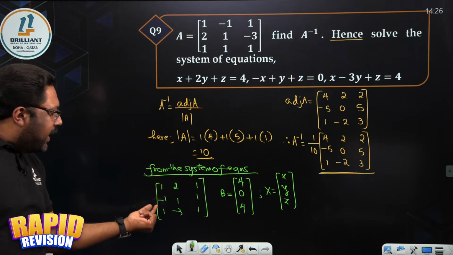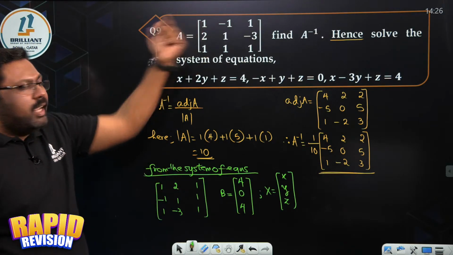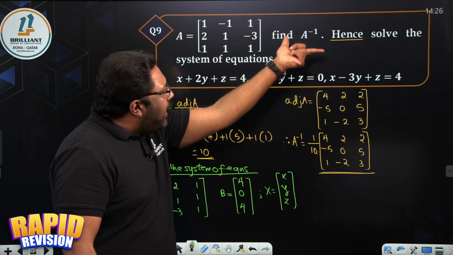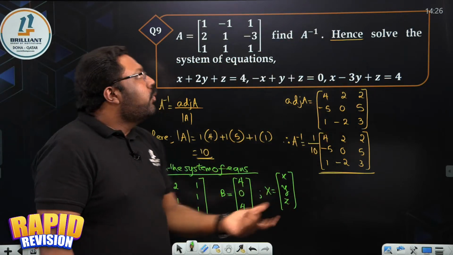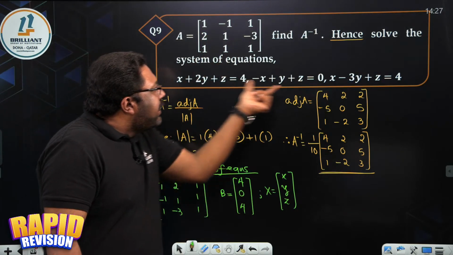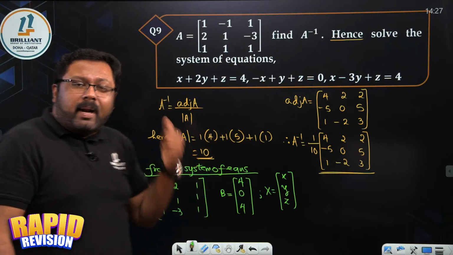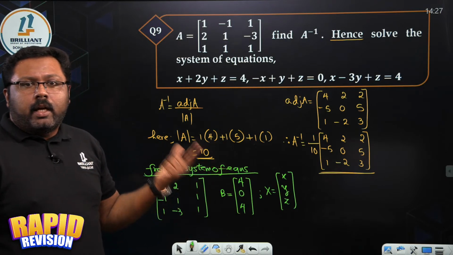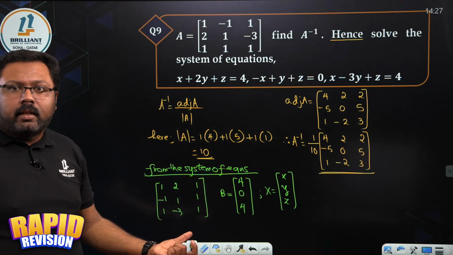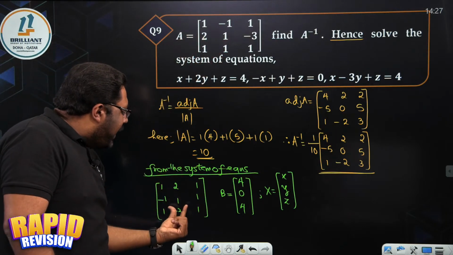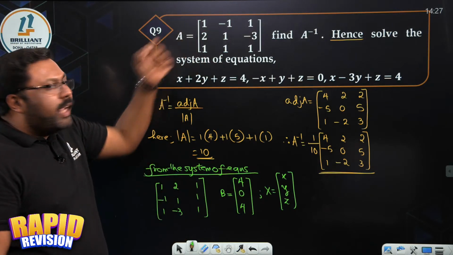But you can see that this matrix is not the same. A normal question where they give you to find A inverse and hence solve it would have an exact same matrix in the system of equations. But in this case, it is completely different. Okay, but can anyone tell me what this matrix looks like when compared to A?